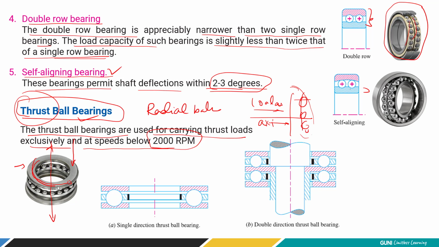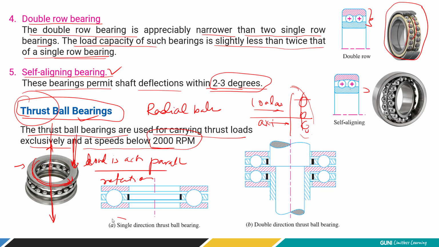So this is the rotation axis, and the load is acting parallel to this bearing rotation axis. That is referred to as the thrust definition, right?